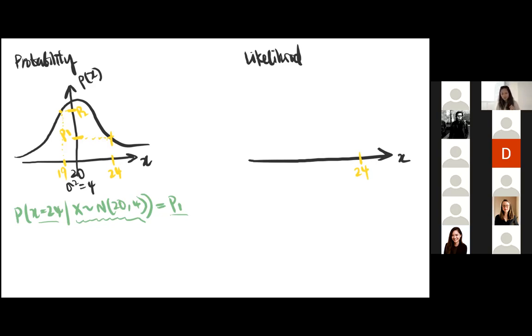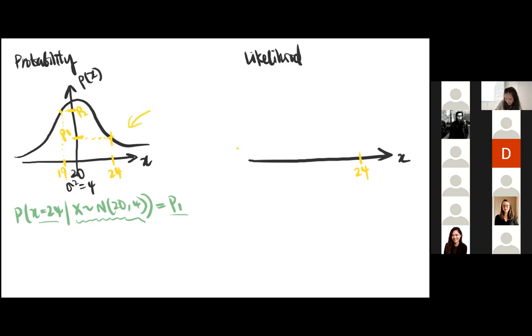I have this one puppy that weighs 24 pounds, and let's say I have zero information about puppies all around the world. I just want to make the most educated guess, based on this one puppy, of what the population of puppy weights looks like. To start, let's go with the distribution that we had back here.